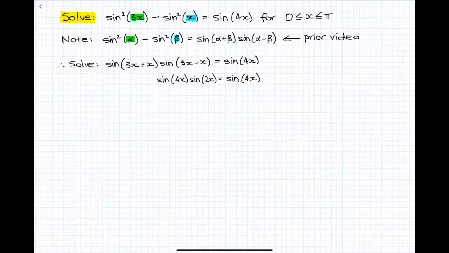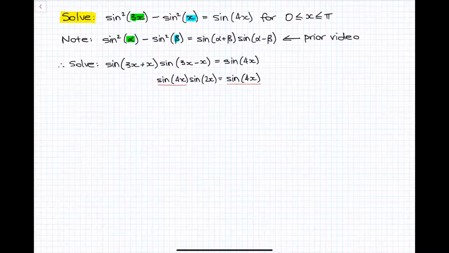Now, at this point many students might be tempted to see the sine 4x on both the left hand side and right hand side and think, maybe I can just divide both sides by sine 4x and then I'm left with something really nice, just the sine of 2x equals 1. But we can't do that.